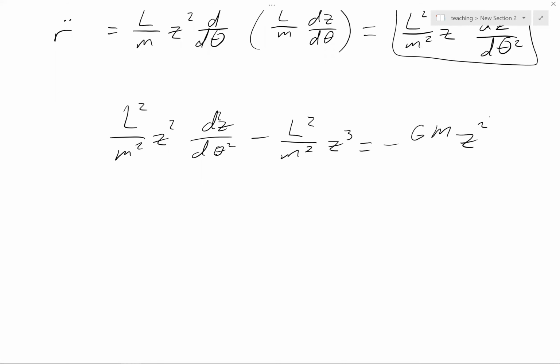And let me go ahead and clear these coefficients too. So I'm going to multiply the whole thing by m squared over L squared z squared.